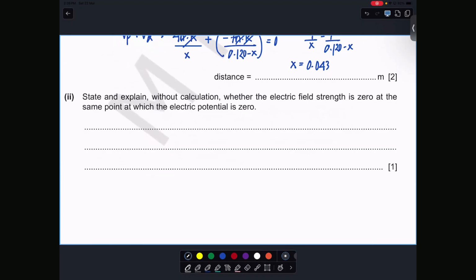So, state and explain without calculation whether the electric field strength is 0 at the same point.